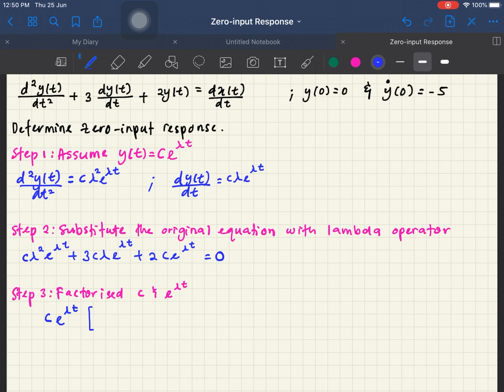In the bracket, you will have lambda squared plus 3 lambda plus 2 equals 0. If you remember in the slide, this part is Q of lambda, which is the characteristic polynomial.